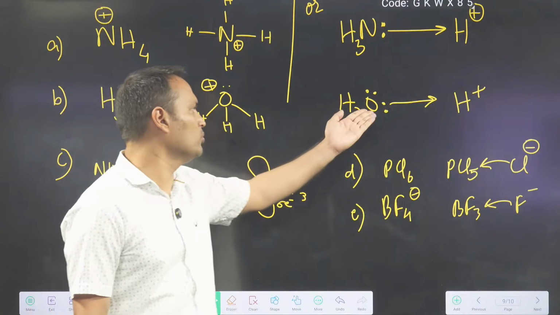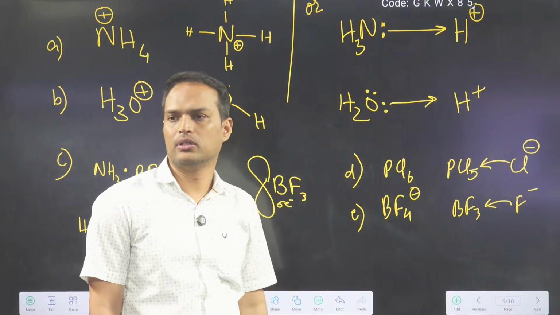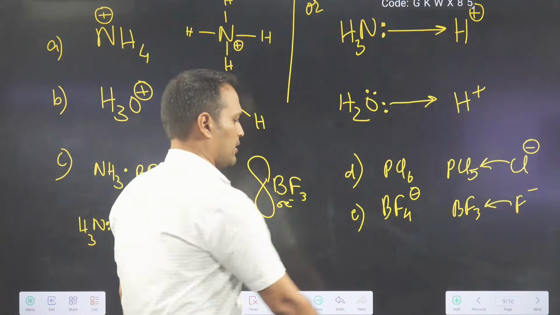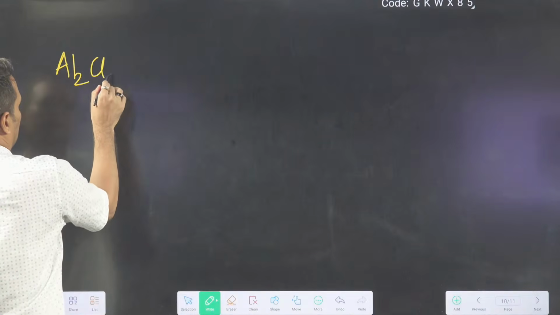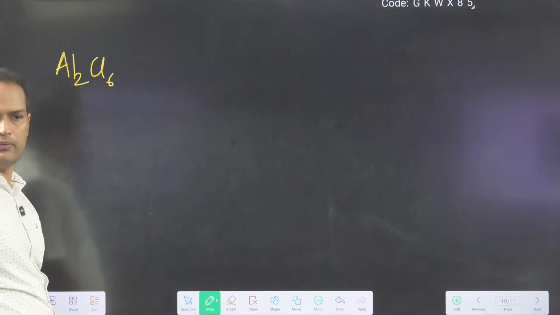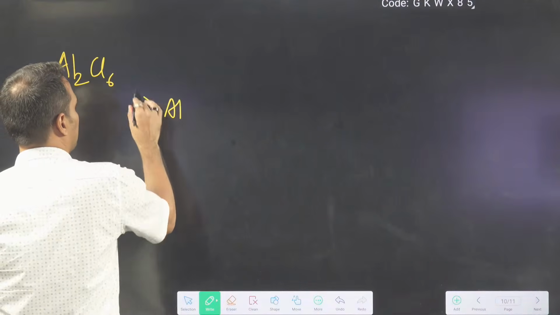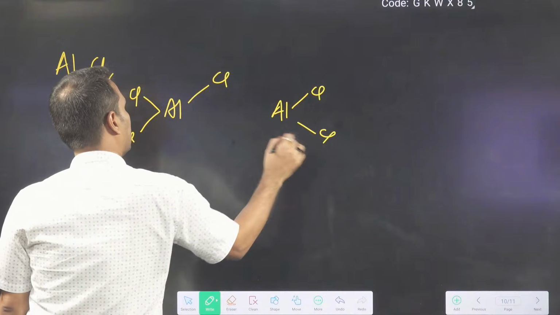Normally oxygen forms 2 bonds, but here it is forming 3 bonds. So the third bond is what? Coordinate bond. Clear? Al2Cl6. We told about the dimer: Al is there, Cl, Cl, Cl.